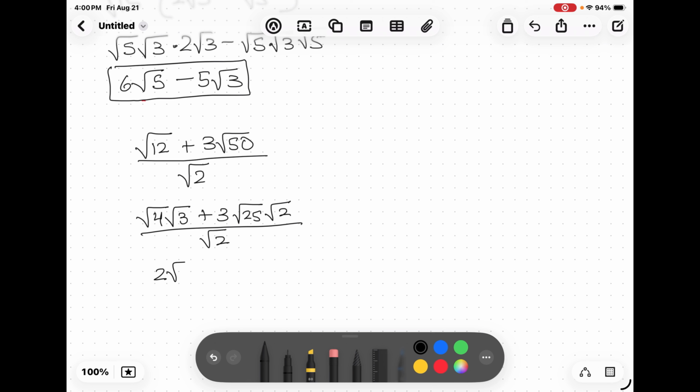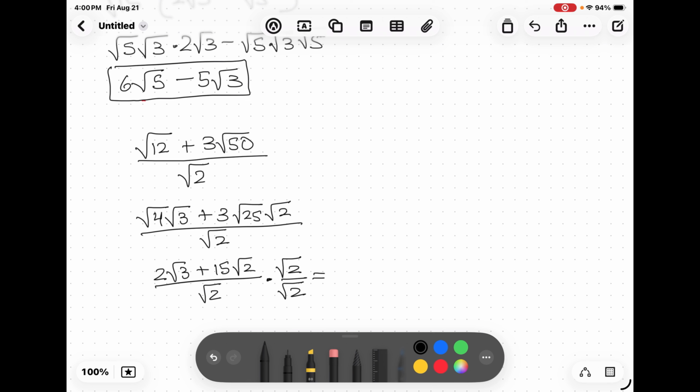So we've got 2 rad 3 plus, up here we're going to have 3, and then the square root of 25 is 5. 3 times 5, 15 rad 2. We want to rationalize the denominator. That's going to be rad 2 over rad 2 to rationalize the denominator.